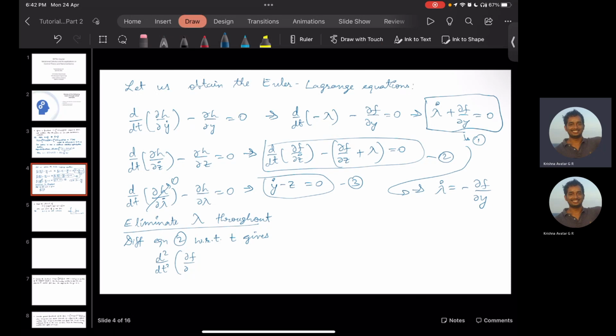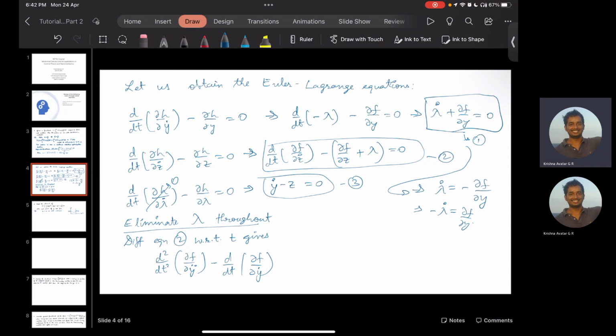And now we can also make a substitution, say z is equal to ẏ, so ż is ÿ, fine. And then minus d/dt of ∂f/∂ẏ again, and then minus λ, right? So minus λ̇. And you can clearly see that this implies that minus λ̇ is equal to ∂f/∂y, is it not?